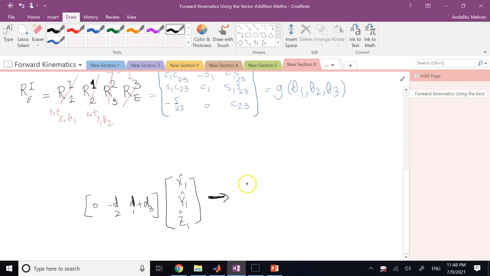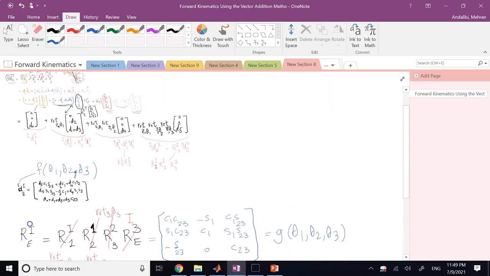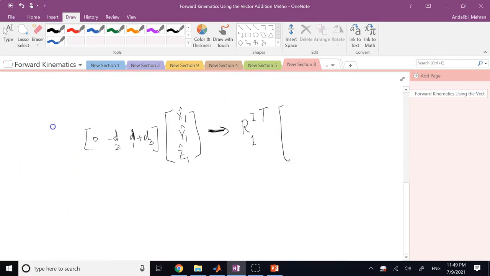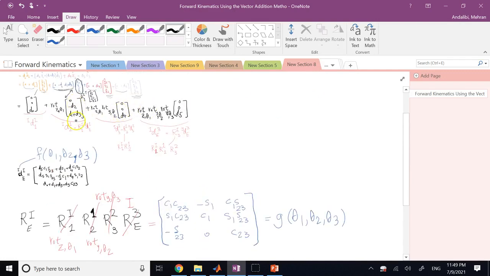I wrote it as the rotation matrix of 1 with respect to I, transpose of it, times this, and for that I also wrote that one as its transpose. As you see here, I transpose that guy.